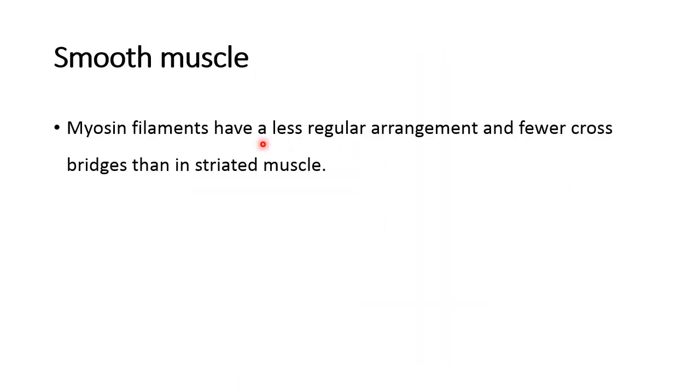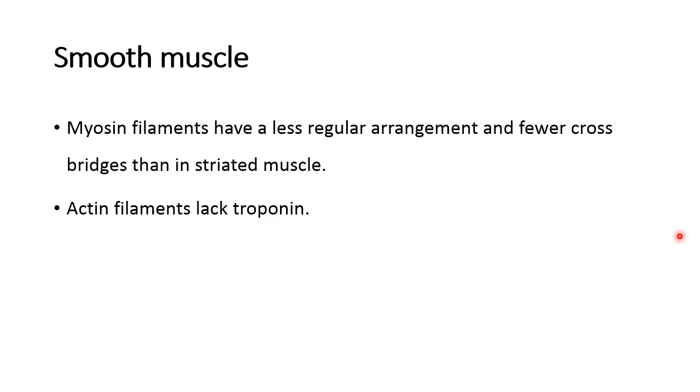The myosin filaments have a less regular arrangement and fewer cross bridges than in striated muscle. That is regarding the myosin filaments. Regarding the actin filaments in the smooth muscle, they lack troponin.